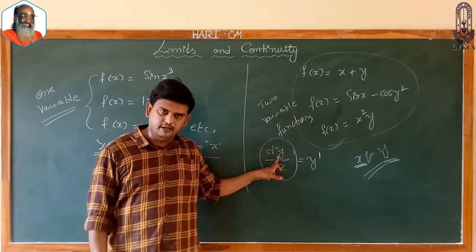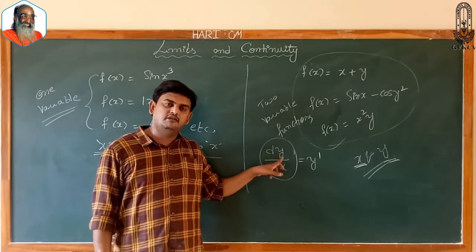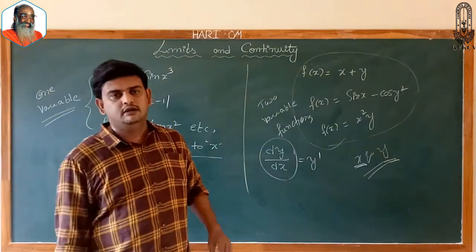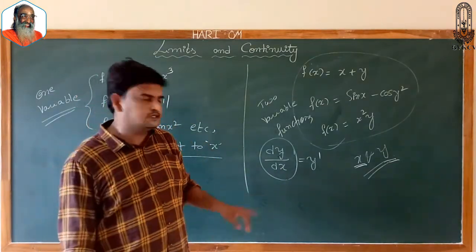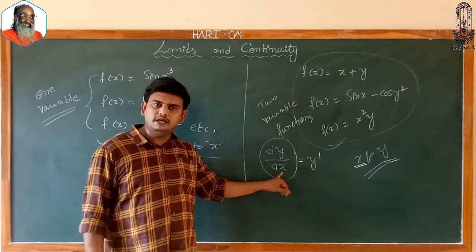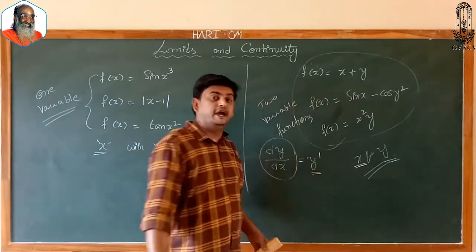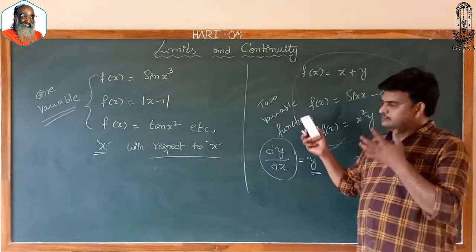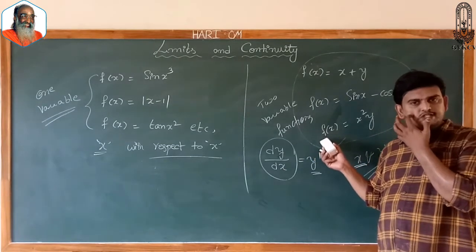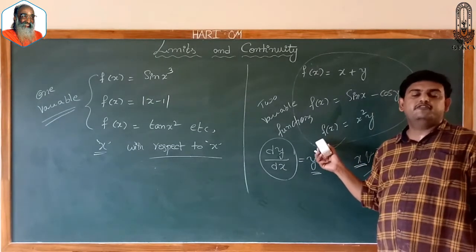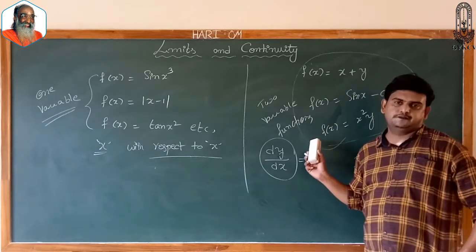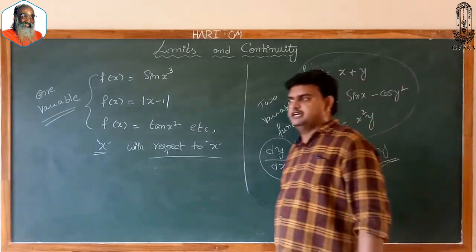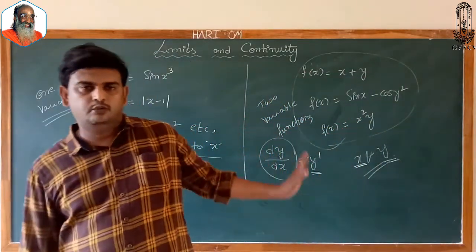So here y is the variable, and the function y we are differentiating with respect to the variable x. When we differentiate with respect to x, we have dy by dx, which is called y dash. This model now we are going to discuss. This procedure is called differentiation of implicit functions. Now let us see how to differentiate such kind of implicit functions.